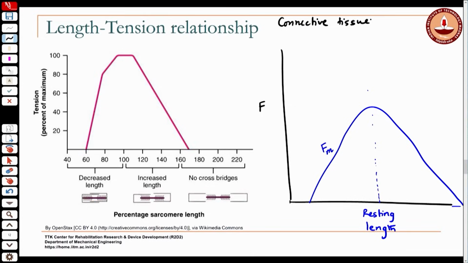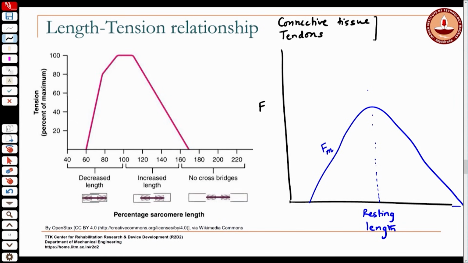Now, if you look at the elastic tissues, the connective tissue surrounding the muscle, and the tendon, these are called the passive elastic components. That is the connective tissue around the muscle, the epimysium and all those tissues surrounding the muscle, and then the tendons, because they cannot generate force.